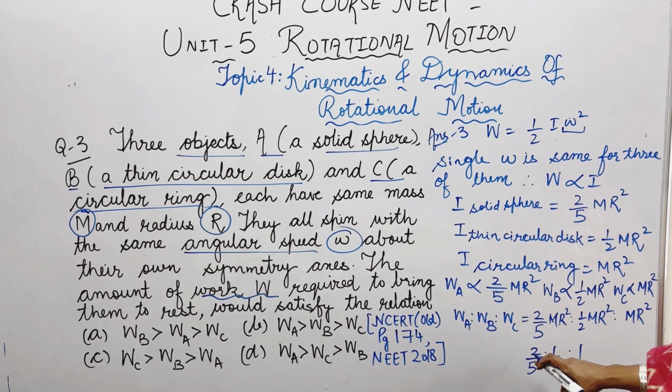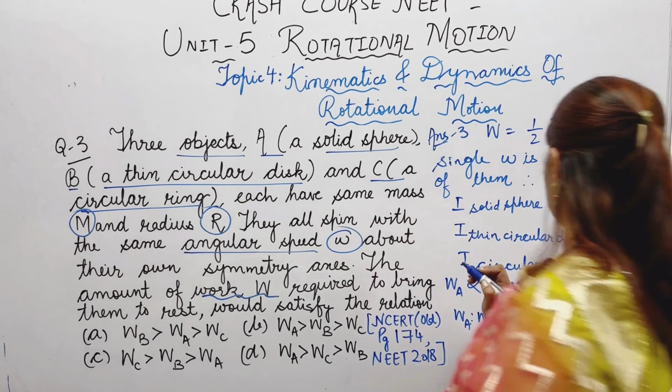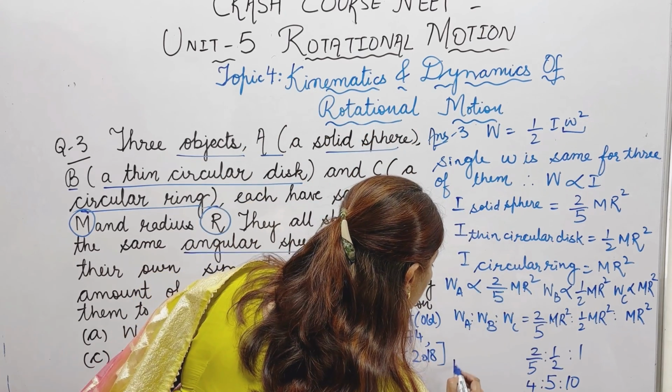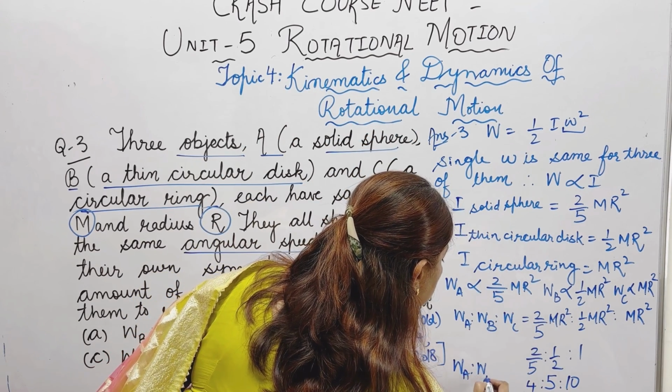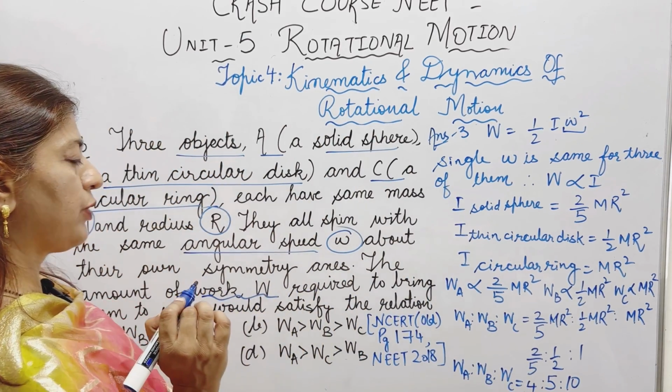So we will multiply throughout by 10, taking the LCM of the denominators. Multiplying throughout by 10, we have 4 is to 5 is to 10. So the ratio of A is to B is to C is 4 is to 5 is to 10.